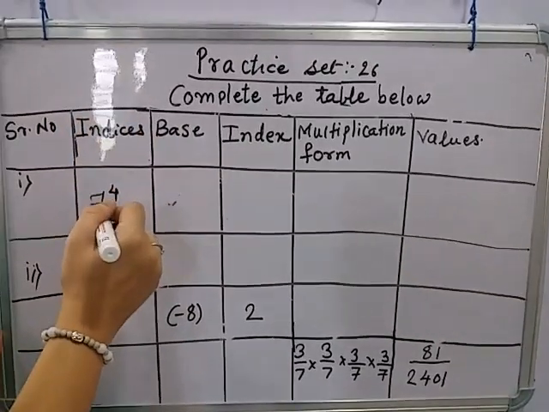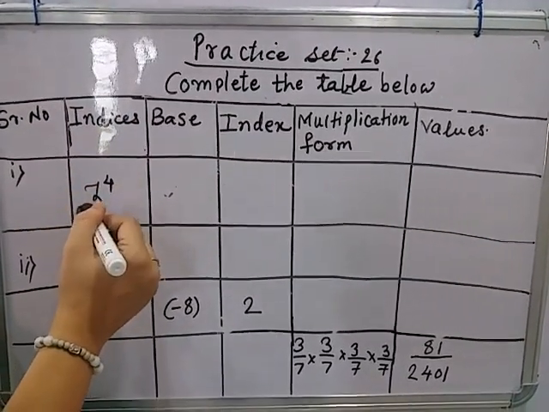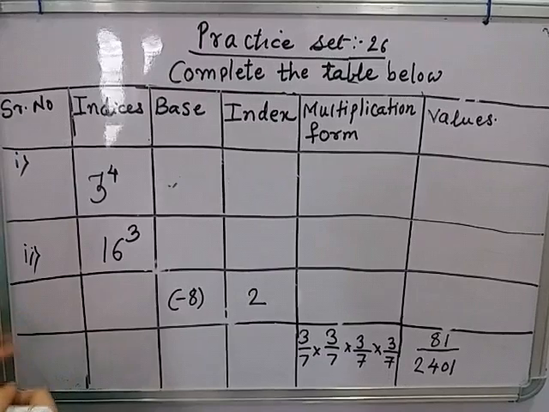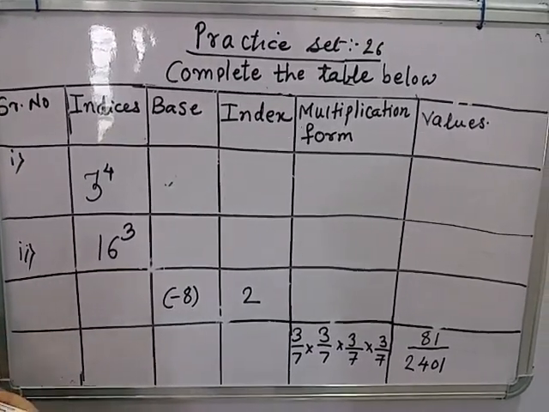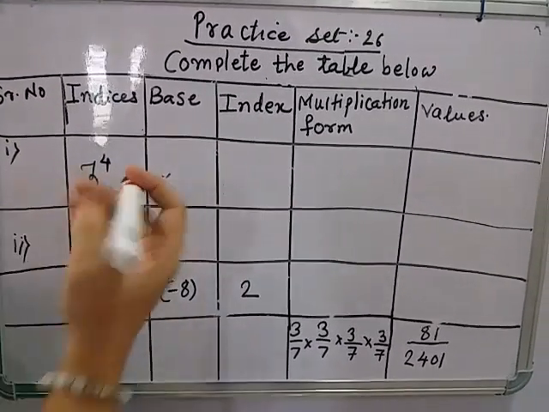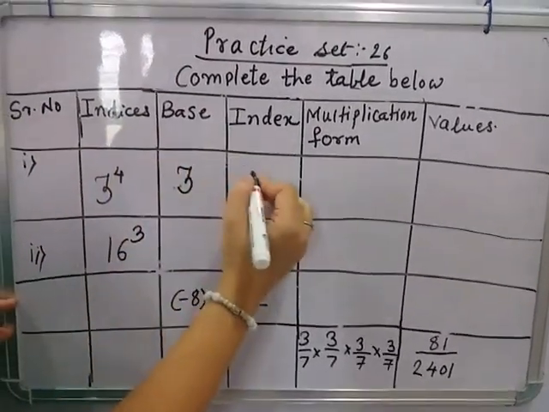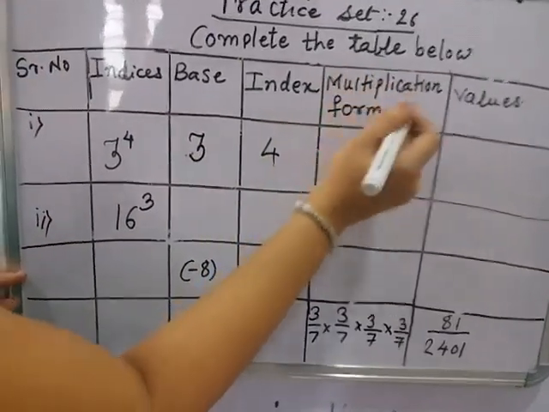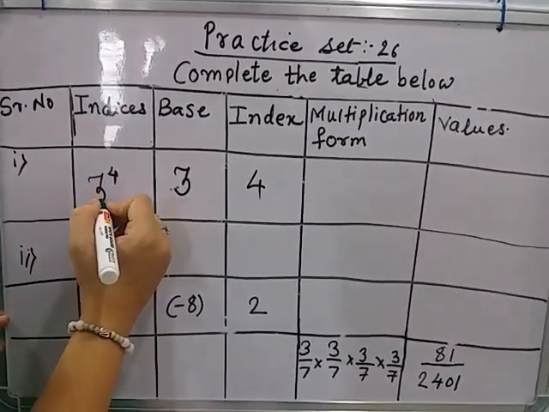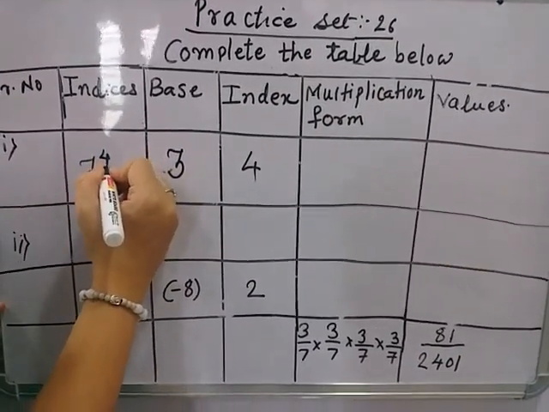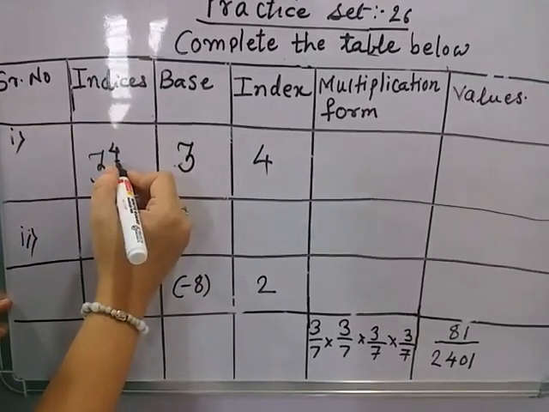Here the first question is given. How to write this number? 3 raised to 4. So we are going to write the base. Tell me what is the base over here? Yes, it is 3. What is the index? What we are writing on top is the index. Now when we are writing in the multiplication form, this base you have to write down as many times as the index is given. How many times is the index given? 4.